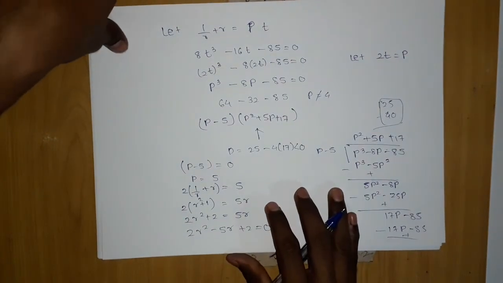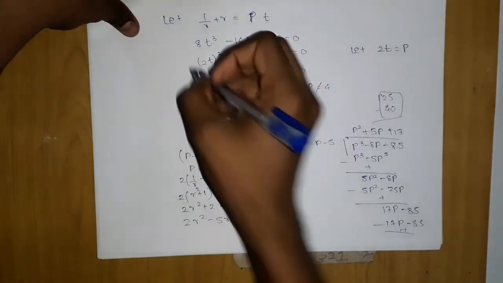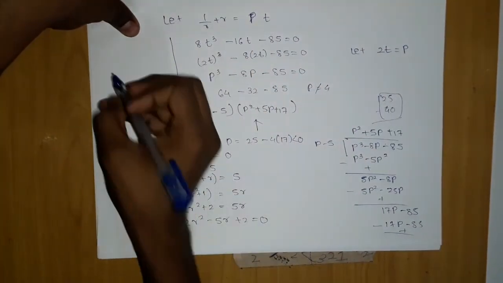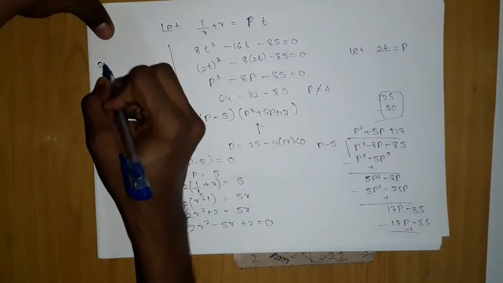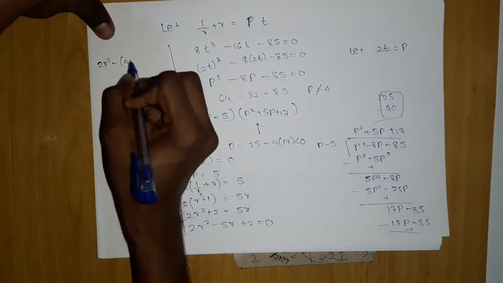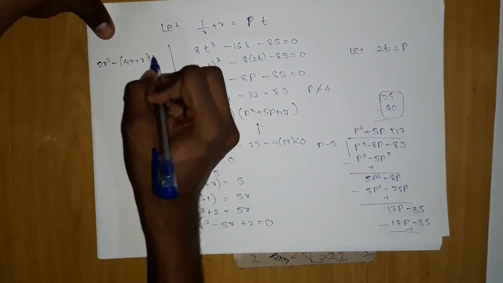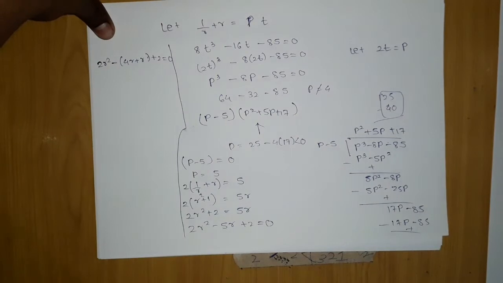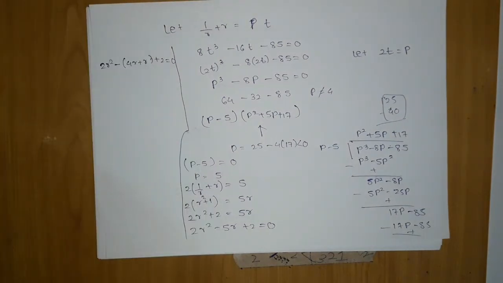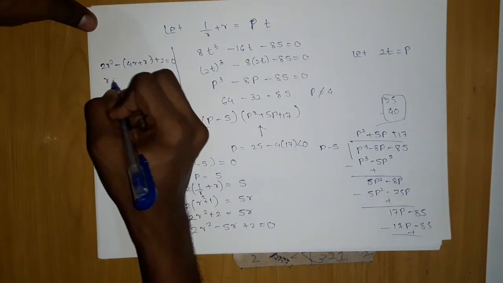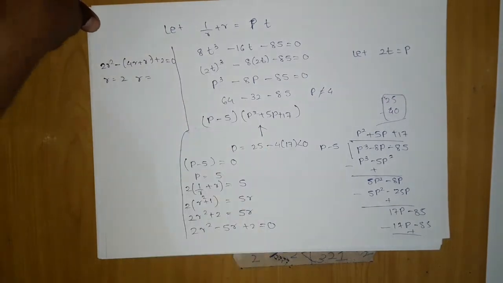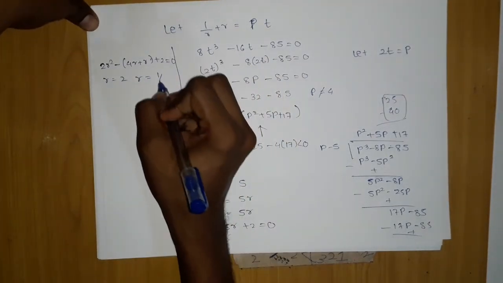If I solve it, we get 2r square minus 4r minus r plus 2 equal to 0. So r equals 2 and r equals 1 by 2.